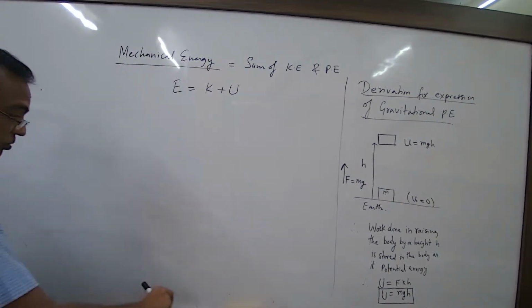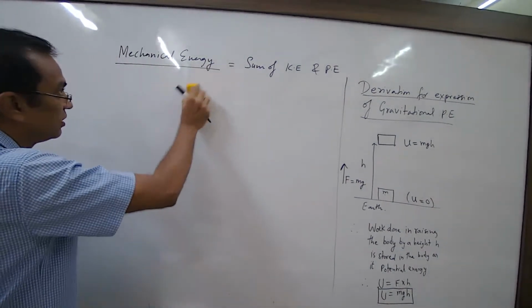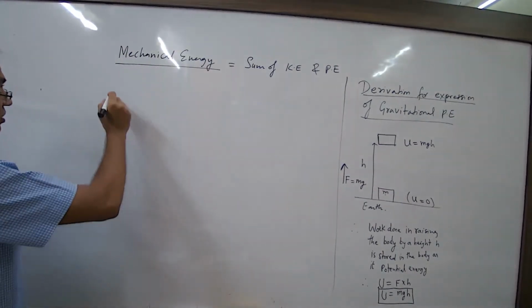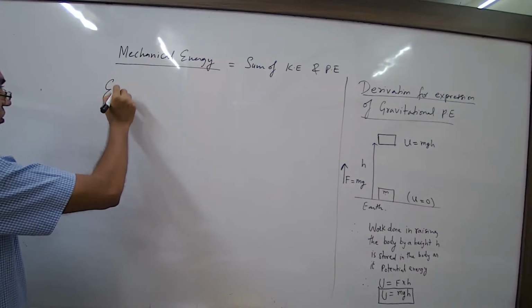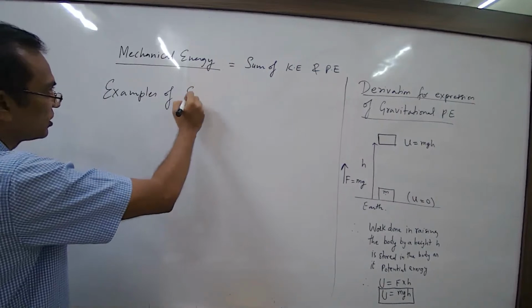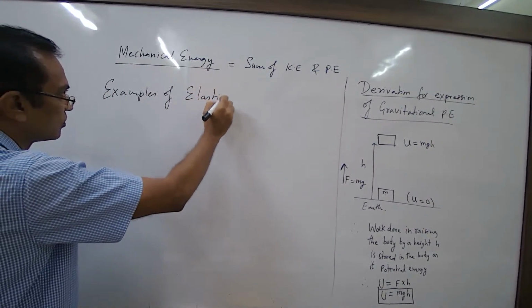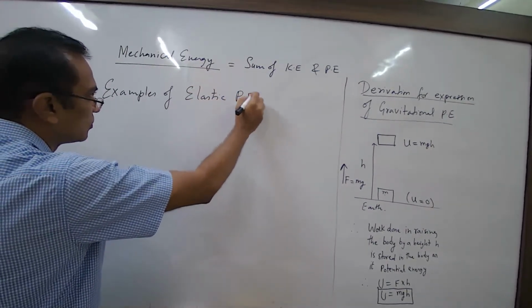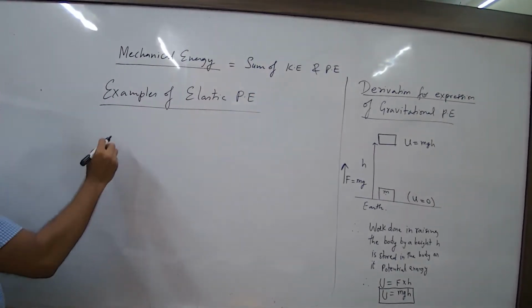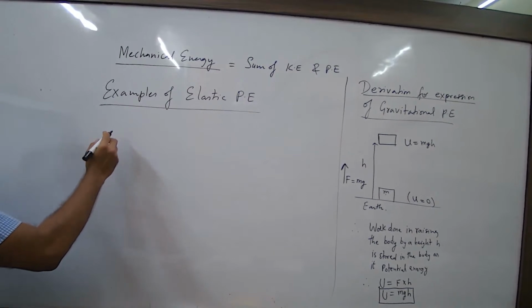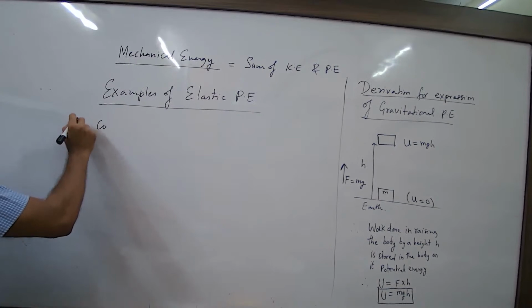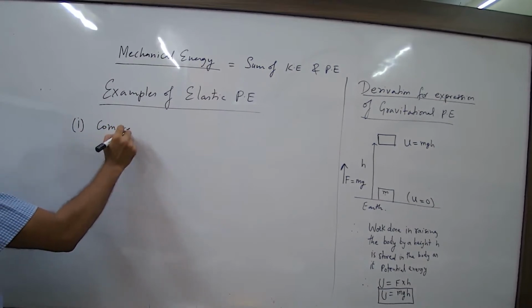Now what is elastic potential energy? This is just a theoretical discussion, so we'll understand it with the help of examples. Examples of elastic potential energy. One is the compressed spring.